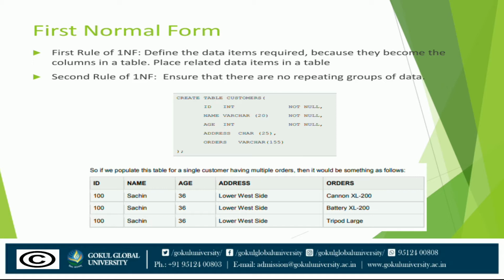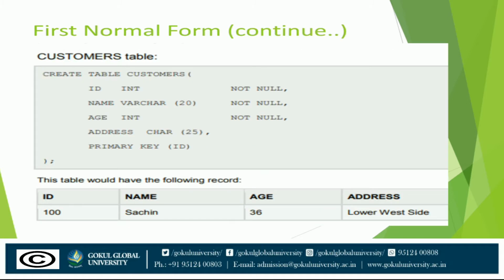So we need to break the table into two parts. The customer table contains ID, name, age, and address, and the values of this table look like the following records.